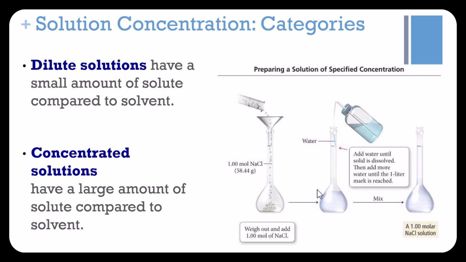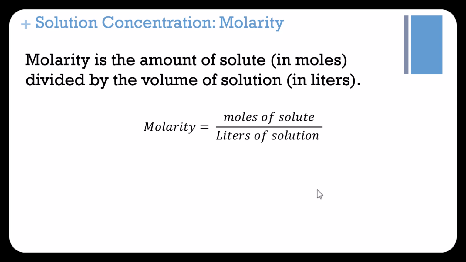We have quantified this idea of dilute and concentrated, and let's just real quick review that. So we've quantified that with a unit called molarity. Molarity is defined as the amount of solute in moles divided by the volume of solution in liters.